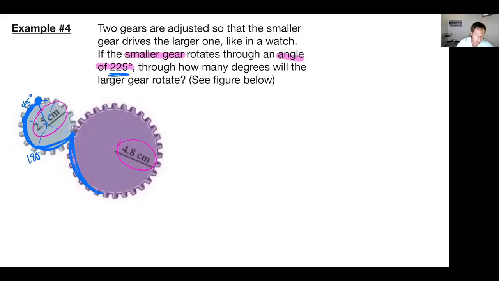And since each of those is what's called S, arc length, I'll call this S1 for the smaller one and this S2 for the larger one, then I know they're going to be equal. And because we know that this is R times theta, as is this, all we have to do is figure out that theta value, because we already know the R values.